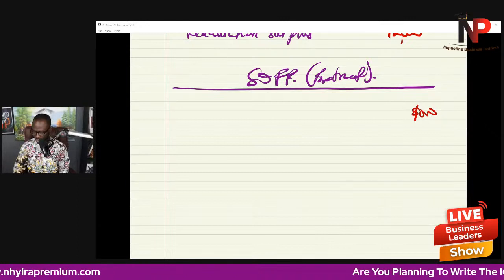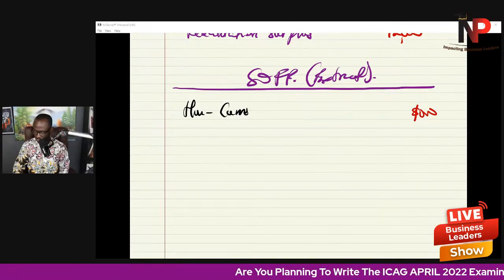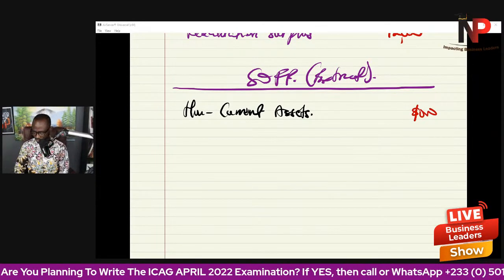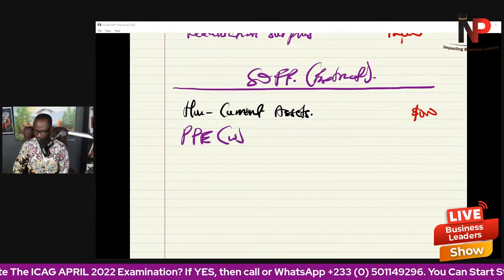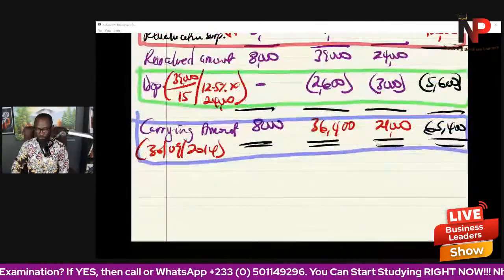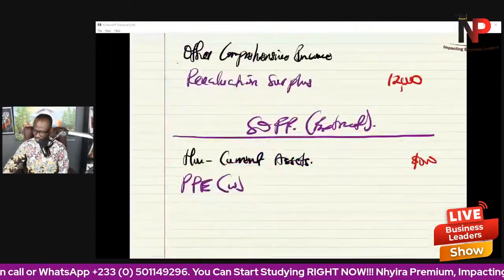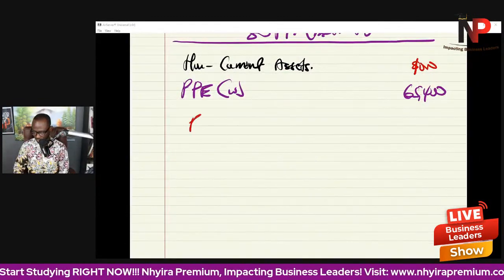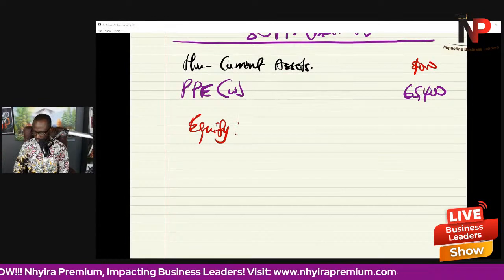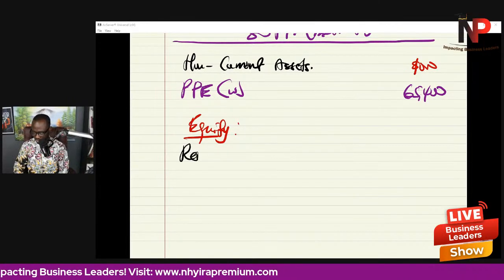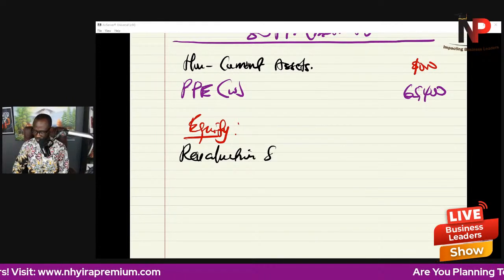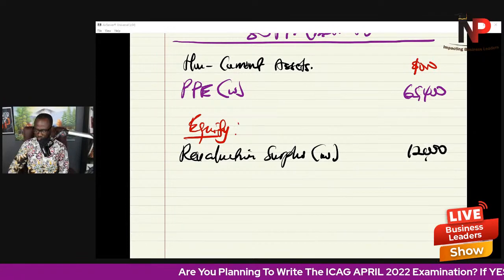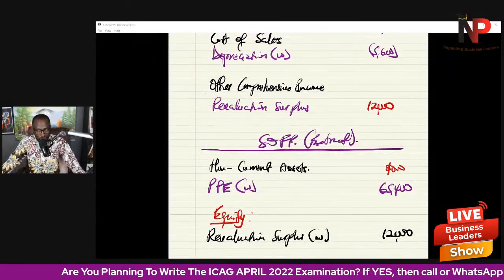We go to the non-current assets, and so we will have property, plant, and equipment. Make sure you write that in full. And from our workings, it's 65,400. Then we come to equity, and under equity, we will have the revaluation surplus, and that is 12,000. This is the answer to the question for Candy.